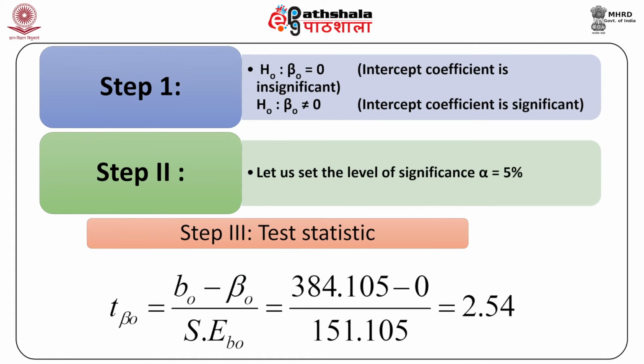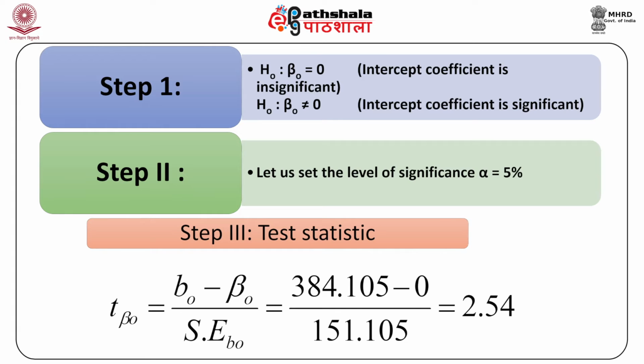Let us test the significance of the intercept first. Step 1: H naught, beta naught is equal to 0, the intercept coefficient is insignificant. H1, beta naught is not equal to 0, the intercept coefficient is significant. Step 2: let us set the level of significance, alpha equal to 5%. Step 3: test statistic.